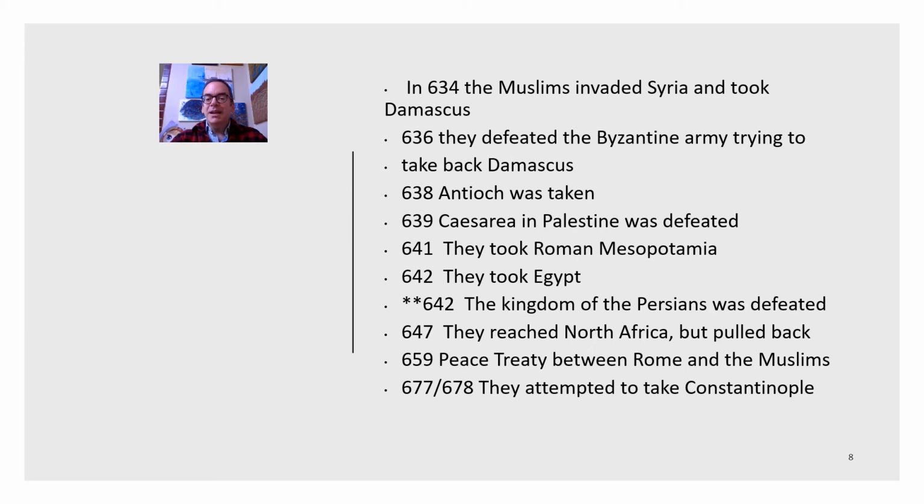Now, in 659, you finally have a peace treaty between the Romans and the Muslims. It doesn't last very long because the Muslims and the Romans started breaking their treaties, and the Muslims attempt to take Constantinople, which was the Roman capital at this point.